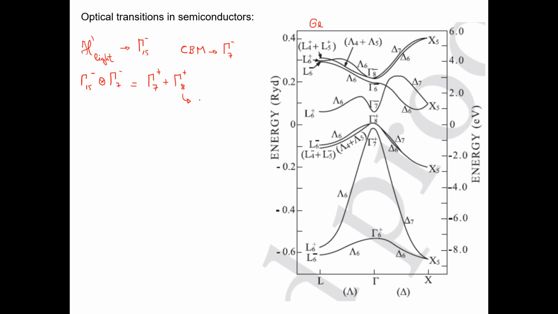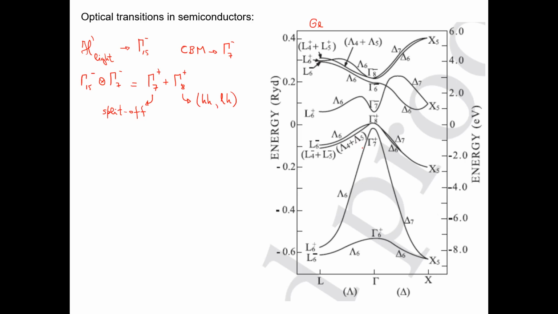In the literature we refer to these as the heavy hole and light hole bands, because there are two slightly different effective masses. One corresponds to a hole with a heavier mass, and another one with a smaller mass, a light hole. And this is what we call the split off band, because it splits from the top of the valence band by the spin orbit interaction.